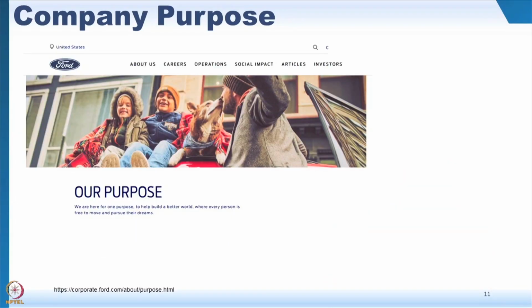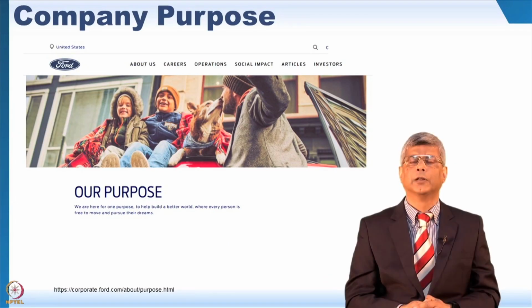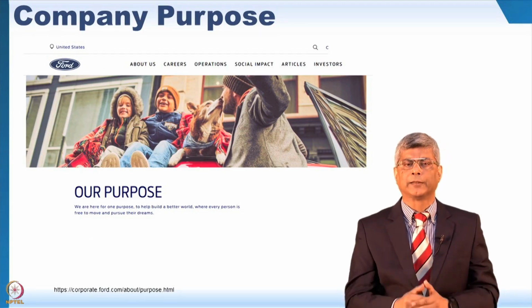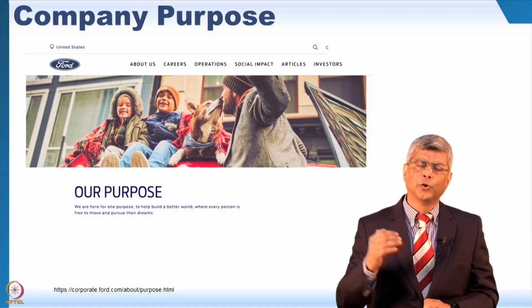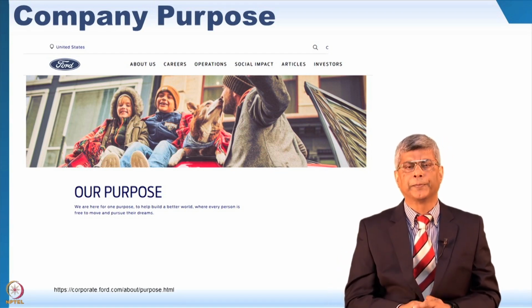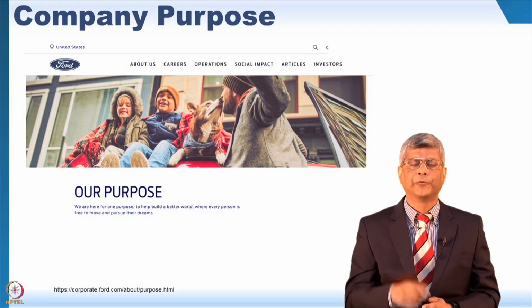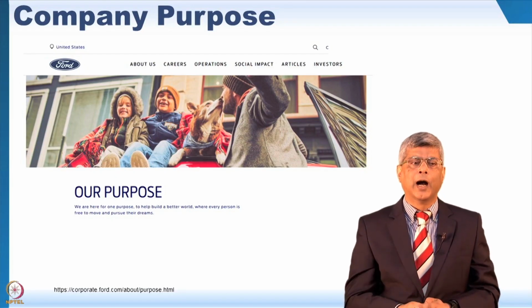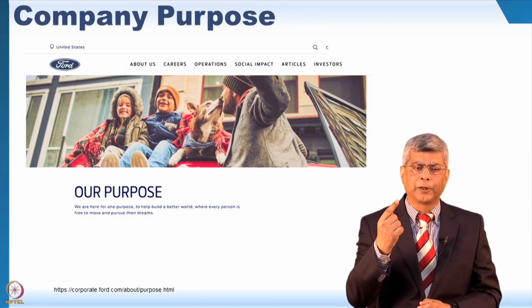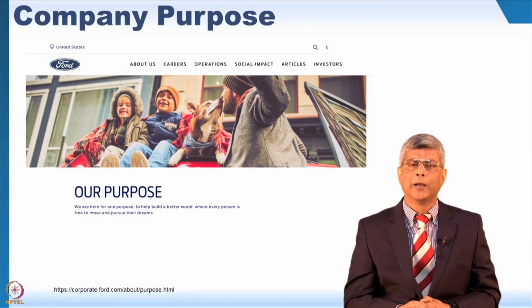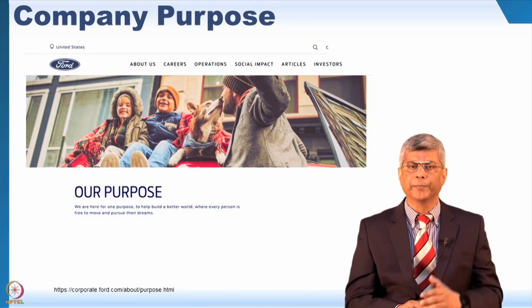Let's now look at a global company, Ford. One of the earliest manufacturers, most famous and largest global companies in the automotive space. And look at their purpose. And if you look at the screen, you can read it. We are here for one purpose, to help build a better world where every person is free to move and pursue their dreams.